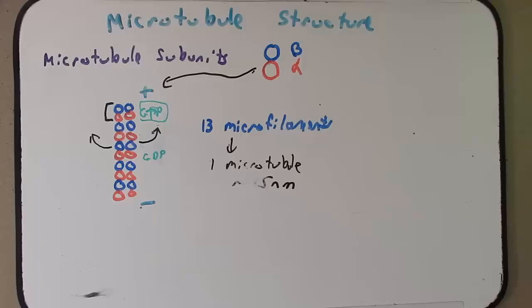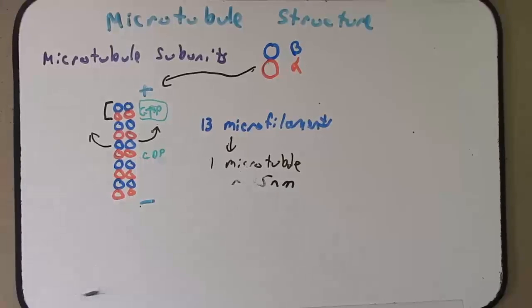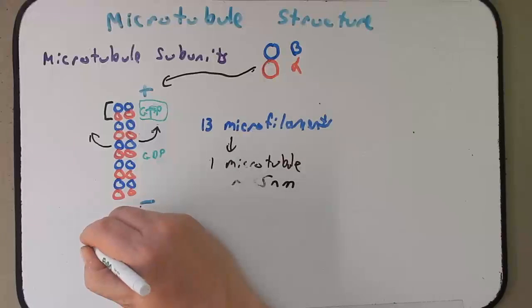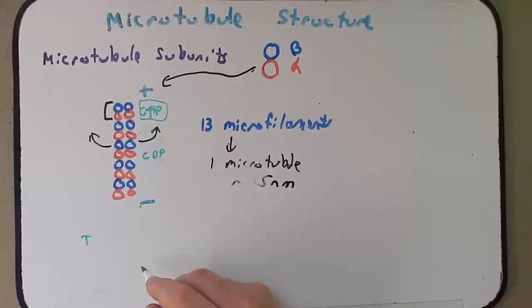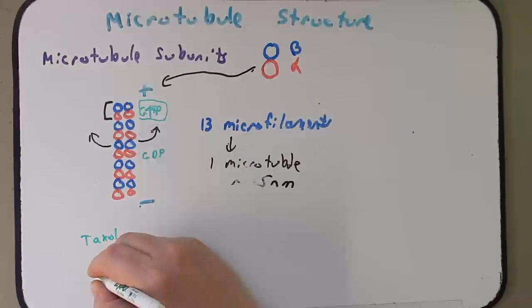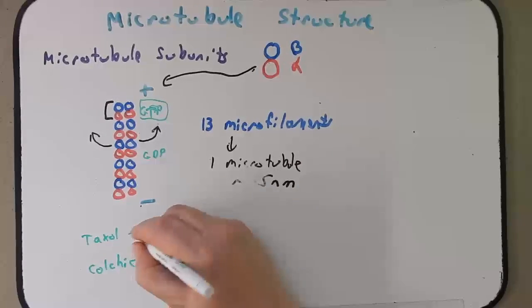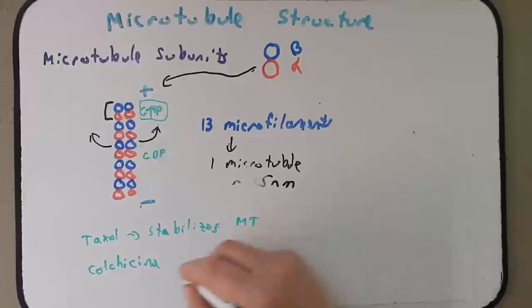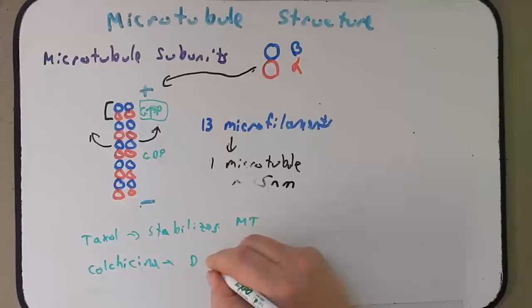Since microtubules have an important role in cell division and the movement of structures inside the cell, it's often a target of pharmaceutical companies. And two drugs that affect the stability of the microtubule are Taxol and colchicine. Taxol stabilizes microtubules, whereas colchicine destabilizes.